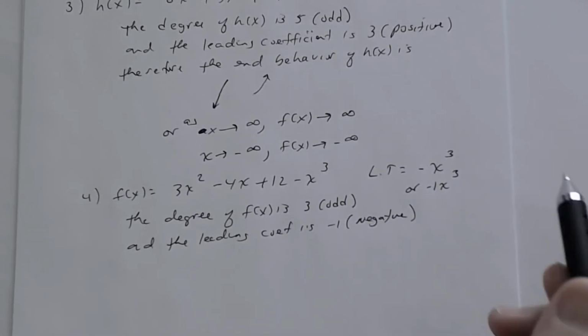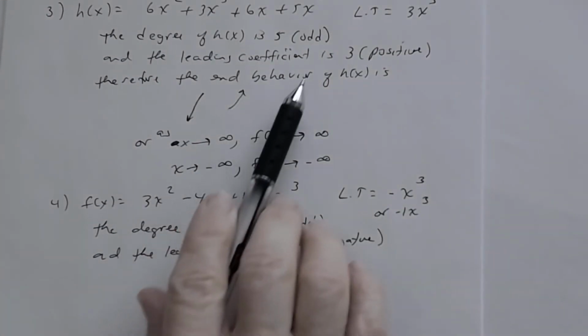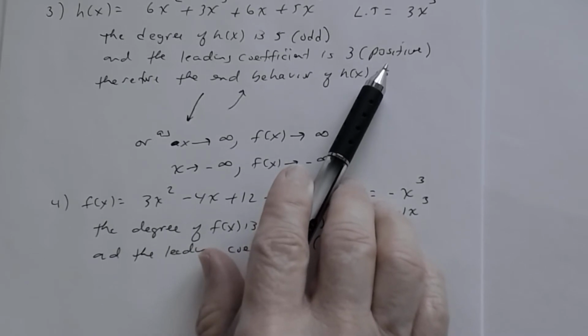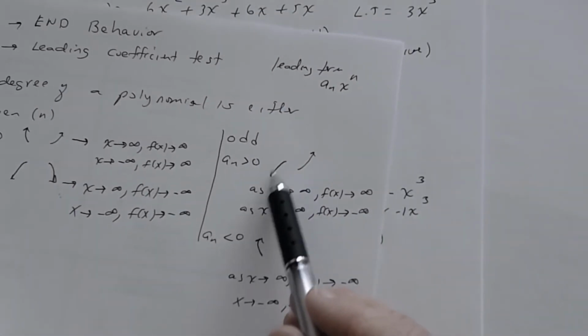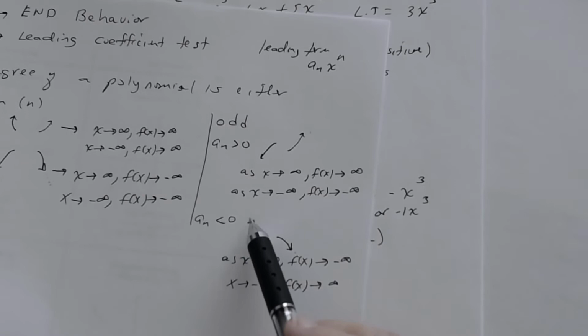All right. So now remember, if the degree is odd and the leading coefficient is positive, on the left side it goes down, on the right side it goes up. If the leading coefficient is negative, on the left side it goes up, on the right side it goes down.